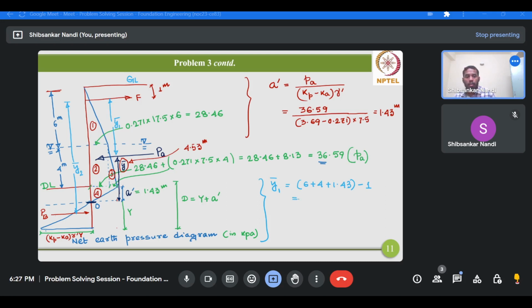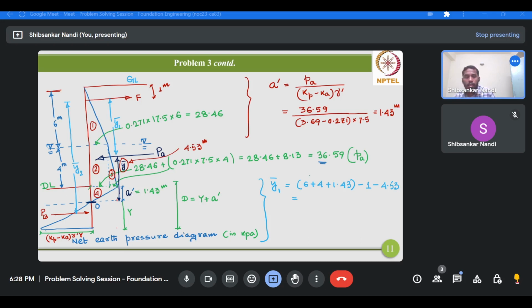Now we'll again subtract this Y bar value, which we have just calculated as 4.5. Are you able to follow me? First we have calculated the depth of zero net pressure from the ground level, and it is 6 plus 4, that is the height of the wall h, plus a prime.